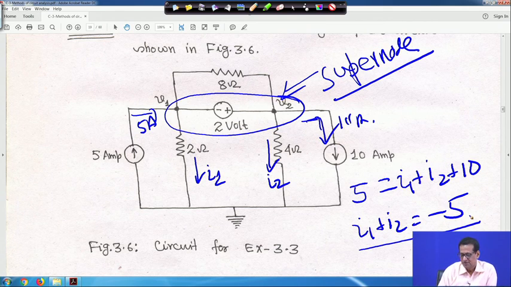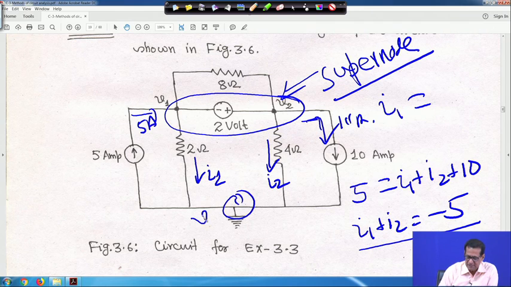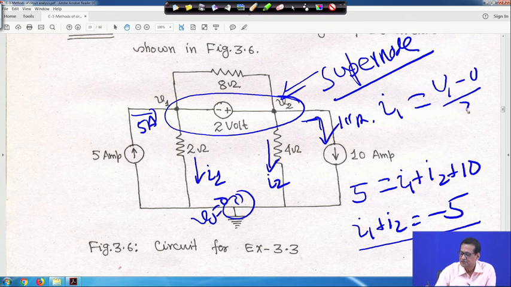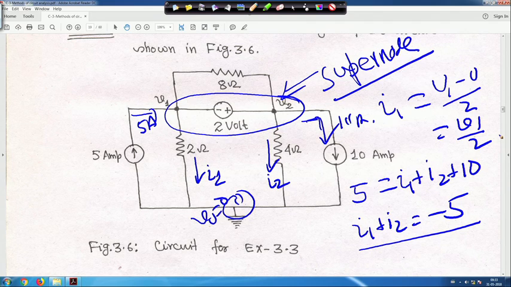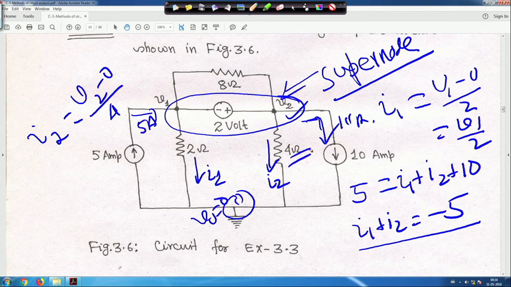Now, what is I1 and what is I2? I1 is basically V1 minus 0 by 2, because this is the datum node, the reference node, with V0 equal to 0. So I1 is equal to V1 by 2. Similarly, for I2, the voltage is V2 and the reference node voltage is 0, so I2 is V2 minus 0 by 4, because this resistance is 4.